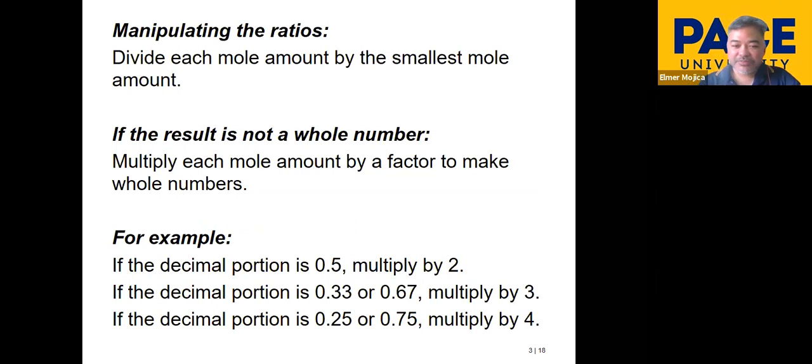So for example, if the decimal portion is 0.5, you can multiply by 2. If it's 0.33 or 0.67, you can multiply by 3. If the decimal portion is 0.25 or 0.75, you're going to multiply by 4. To give you an idea how it's done, we're going to solve several problems like this.